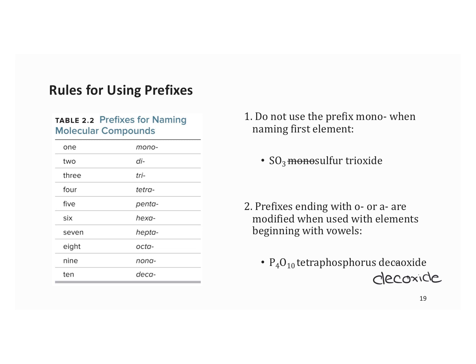That is how we would name it. I find the naming of these to be a lot easier than ionic compounds. There's no Roman numerals and no polyatomic ions. This is it.